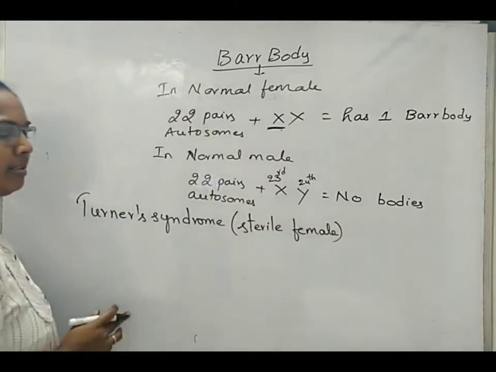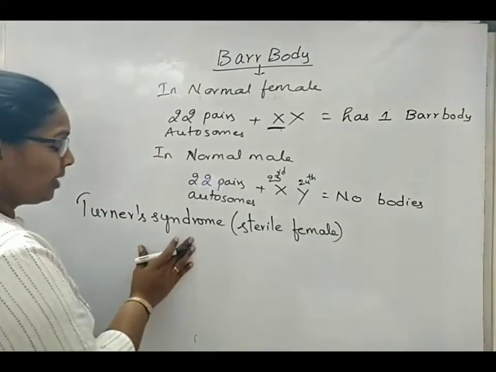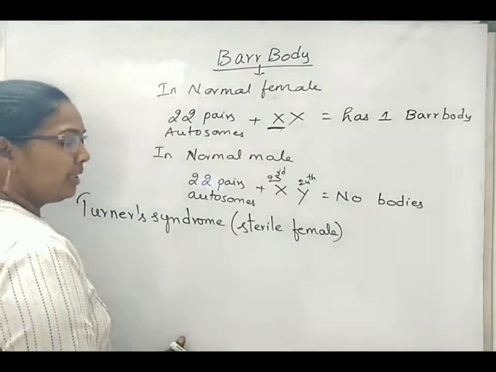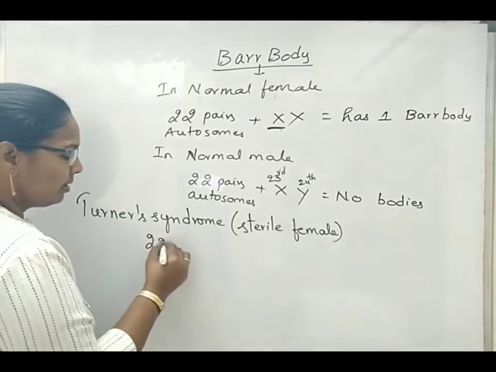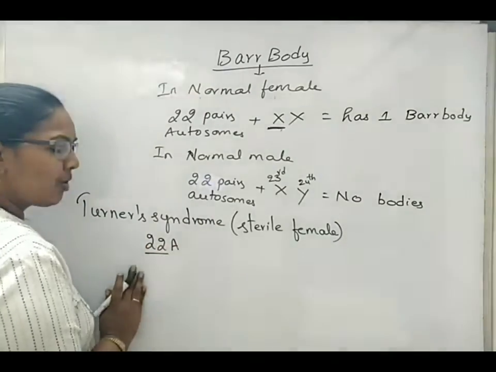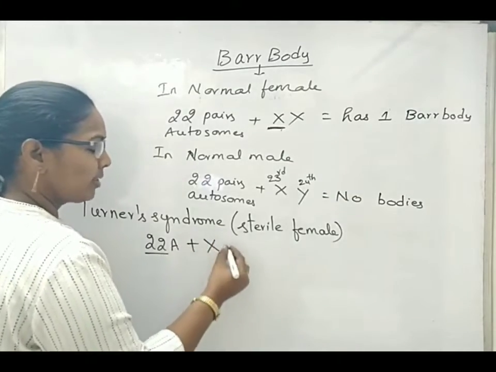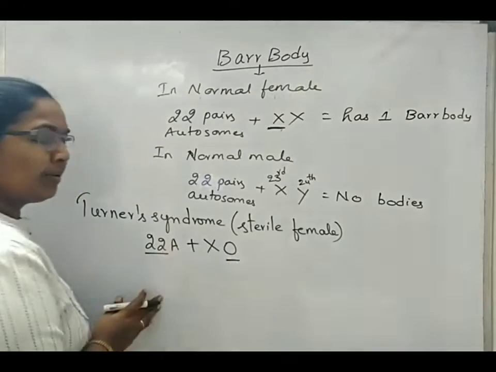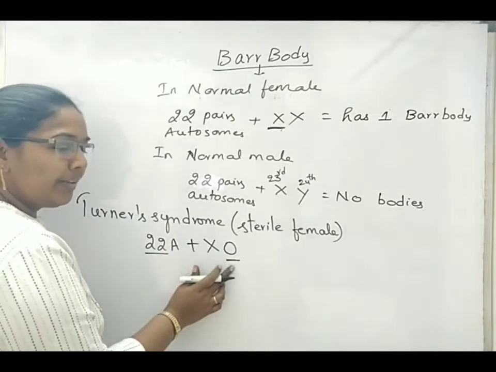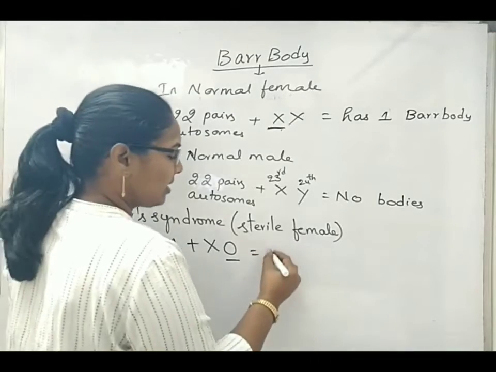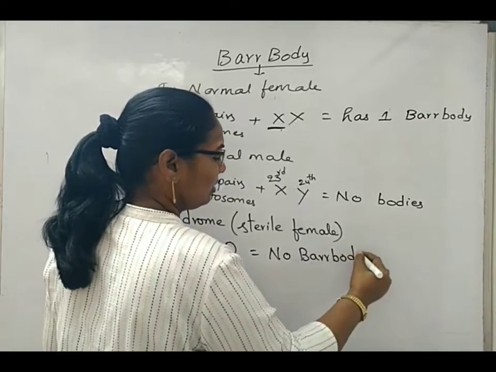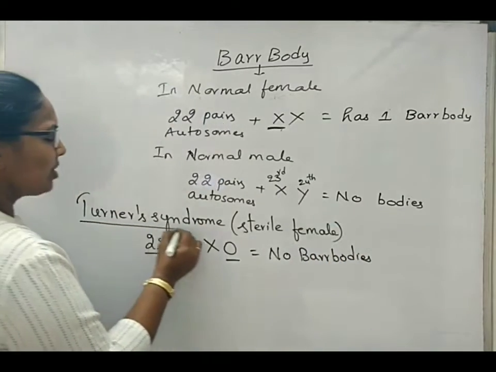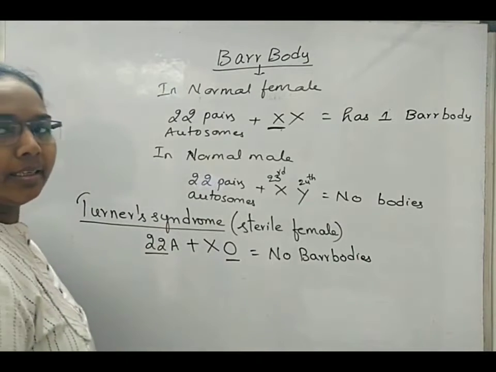The syndrome occurs in female human beings, and the female will be sterile. In their body there are 22 pairs of autosomes plus one X chromosome, and the other gamete will not have any chromosome. Here we can say there are no BARR bodies. We will see such syndromes in detail in the genetic disorders topic.